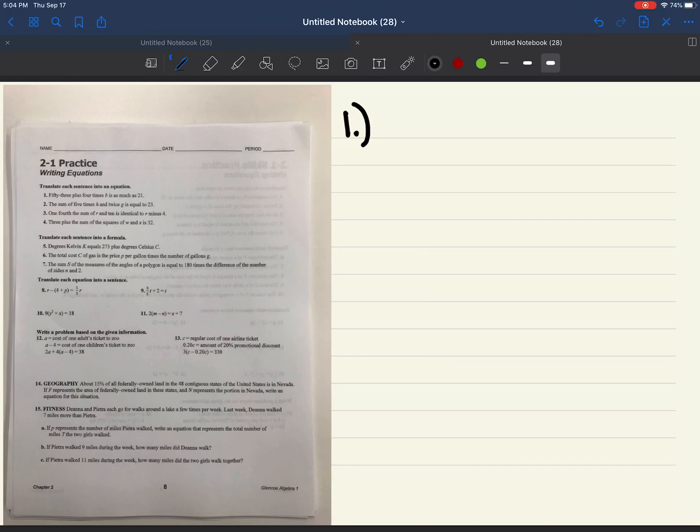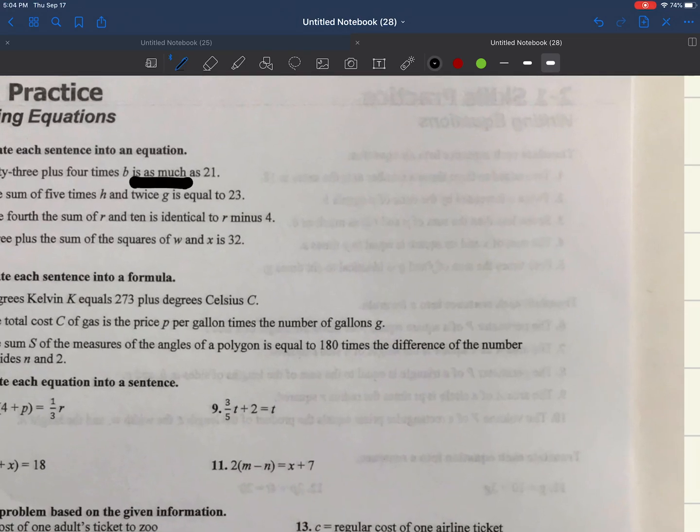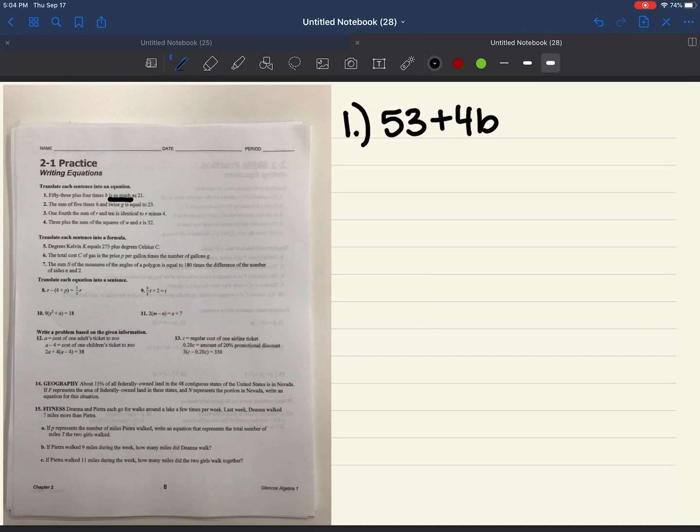So remember, when we're going through this, you need to be looking for what part says equals. All right, so we know it starts with 53. We're going to write that first. Plus 4 times b, that's pretty simple for us, so we just add 4b. The words where it says is as much as, that's telling us what it's equal to. So is as much as would be equal to 21.